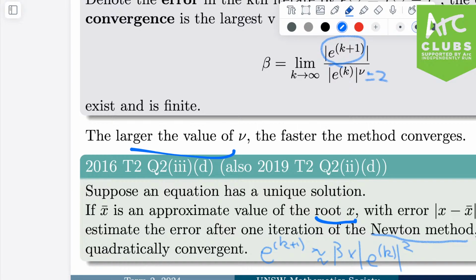And if you want to prove it, I guess it's quite intuitive that as k goes to infinity, beta will be 1, right? Even if you just look at the first and the second iteration, beta is kind of 1.